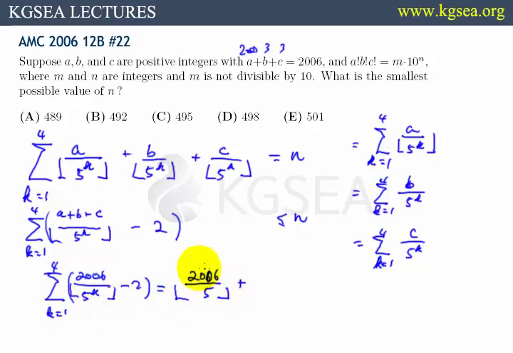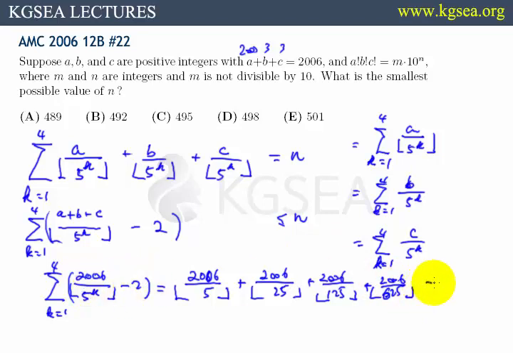And then, next one is 2006 divided by 25, take the integer only. And 2006 divided by 125, take integer only. And 2006 divided by 625, take the integer only. And then this one got subtracted 4 times, so it's minus 8.